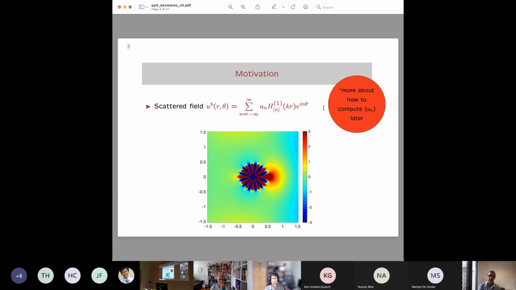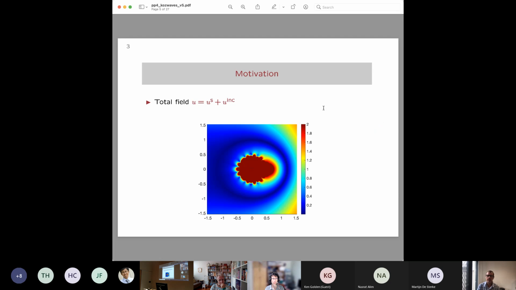But the key point for now is that once I've got the scattered field, I can add on the incident field to get the total field. And this is a plot of the absolute value of the total field. And now I remind you that on the boundary of the obstacle, the total field vanishes. So we can look in this figure for where the total field vanishes, and it should reveal to us the shape of the object.